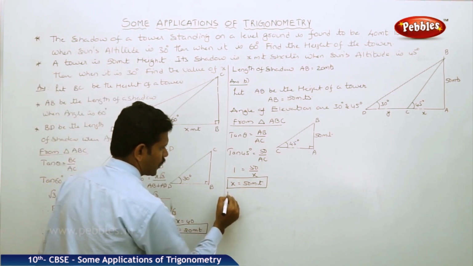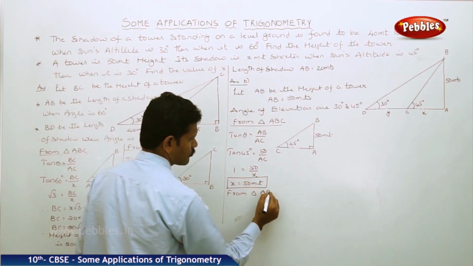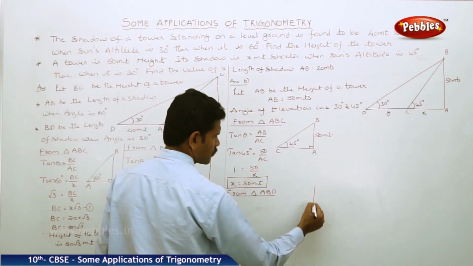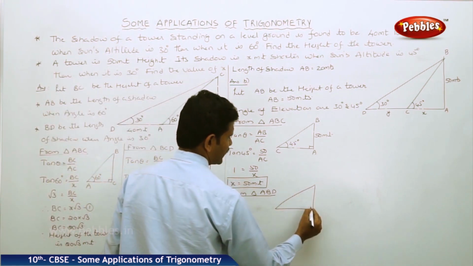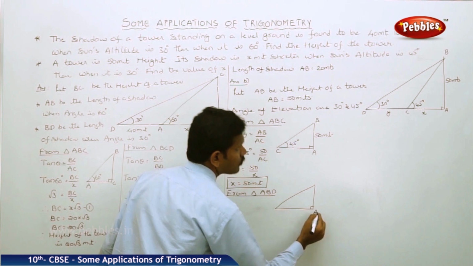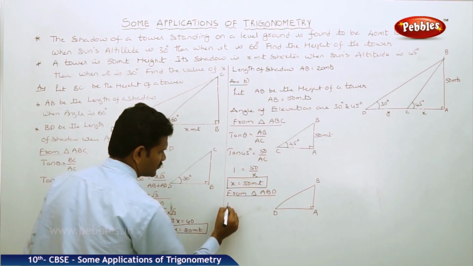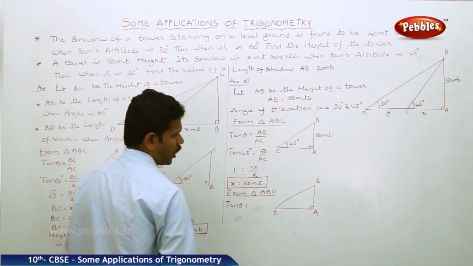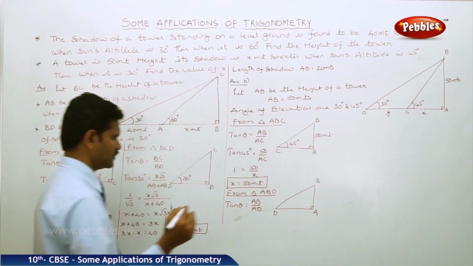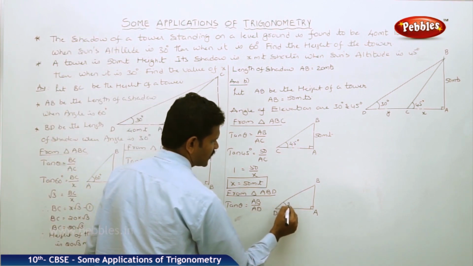Now, from triangle ABD, right angle is at A, B and D. Tan theta is equal to, opposite side is the AB and adjacent side is AD. Now, which makes an angle 30 degrees.